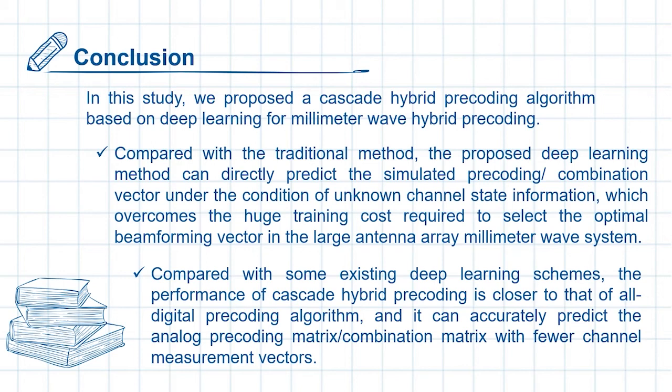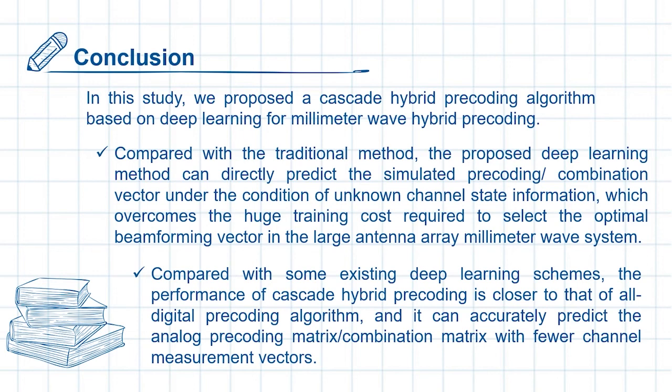which overcomes the huge training cost required to select the optimal beamforming vector in the large antenna array millimeter wave system. At the same time, the data rate is close to the best data rate.